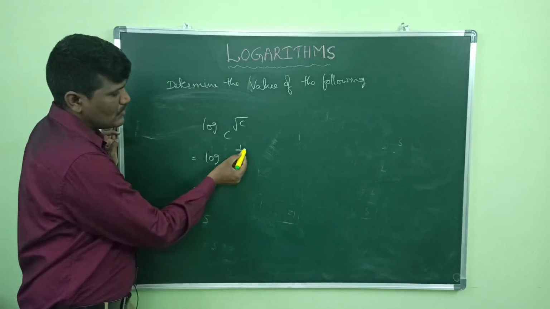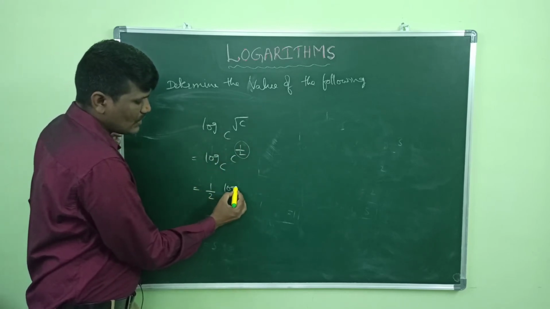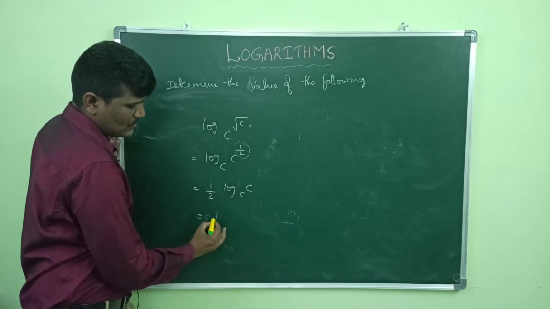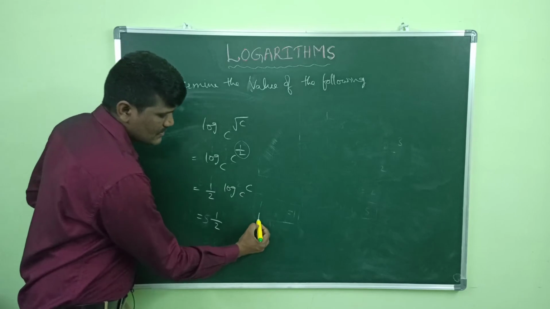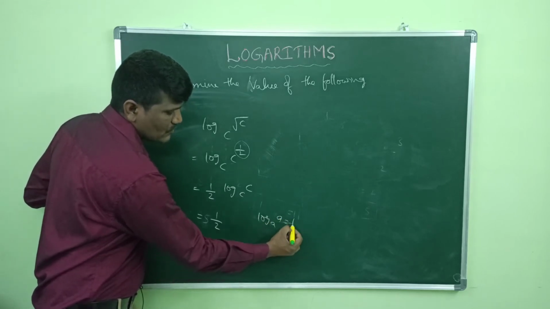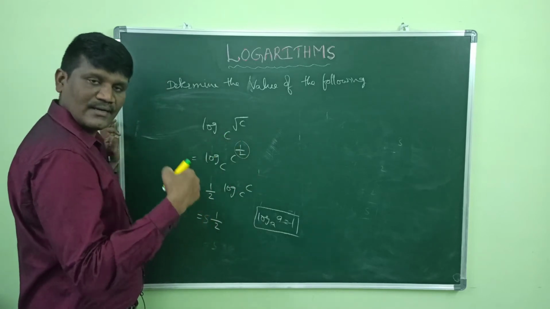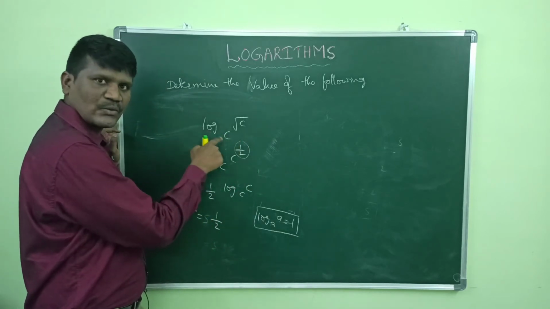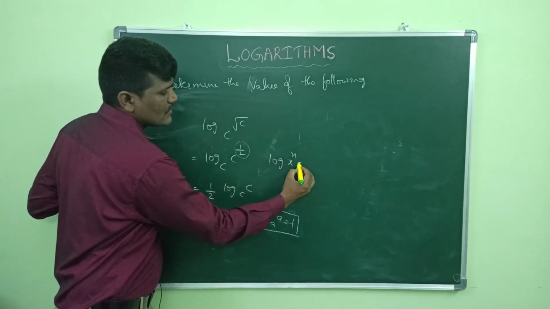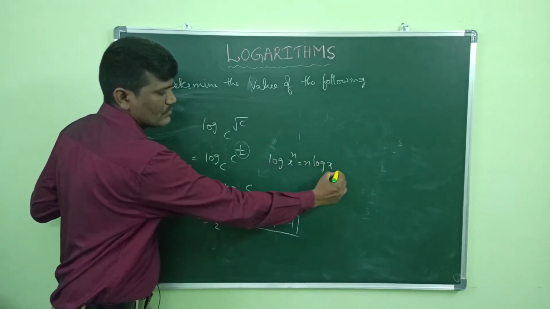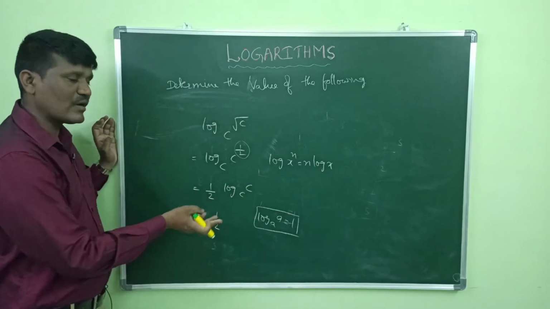The power comes to the coefficient: 1 by 2 log c to the base c, which is equal to 1 by 2, because log a to the base a is equal to 1. This is the one formula I used. And wherever you use a formula in the public examination, if they give 1 mark, write the formulas also. So it is log x power n is equal to n log x. These two formulas I am using in this. So the answer is 1 by 2.